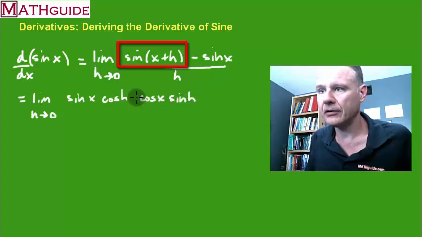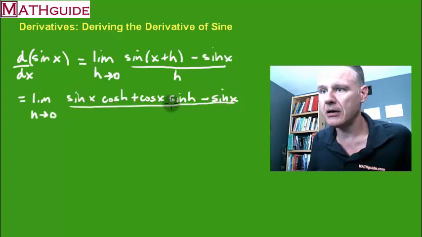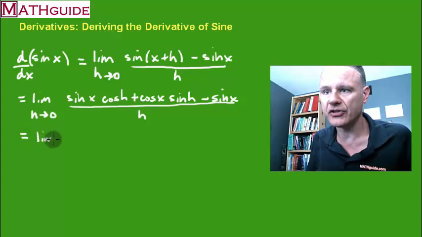And if you've had trig, you've seen that before. Just using a little property of trigonometry. It's the sum rule. So here we've got this expression, just trying to use some properties to see what we could do with this.